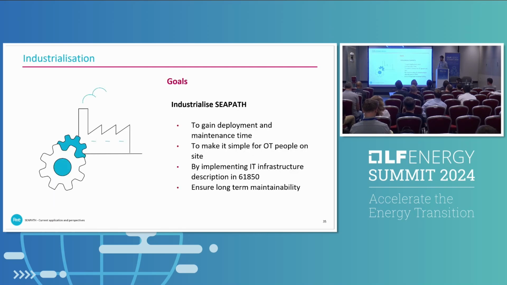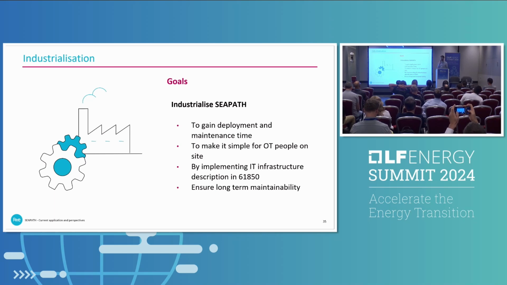Another thing we want to do with Seapath is industrialize it. I told you we have one substation in operation. We're going to have two more this year, and we want to go quicker. Basically, in RTE, because of aging assets, we have to renew 500 bays every year.